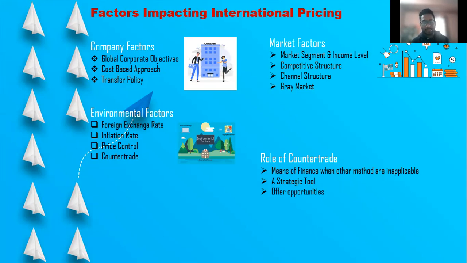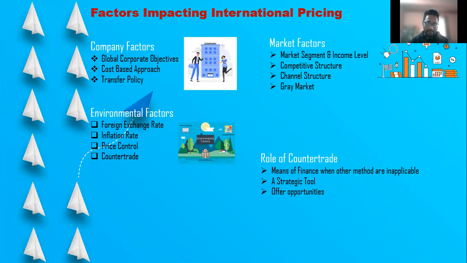The cost-based approaches say that a company may set their price based on their cost and benefit or profit analysis. Then the market factors. There are 4 market factors: market segment and income level, competitive structure, channel structure, and gray market.